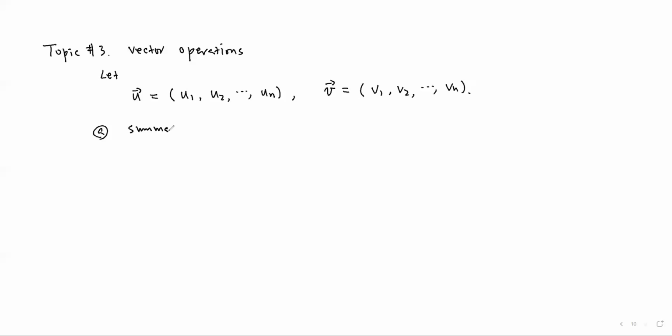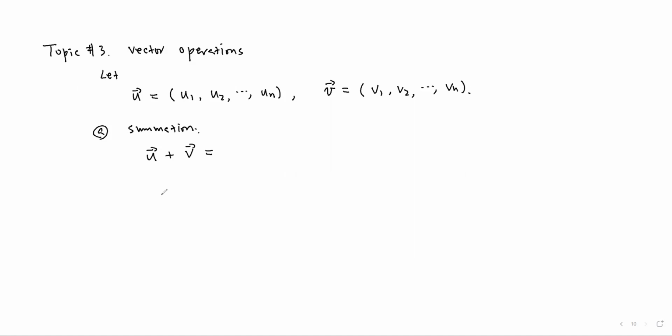Summation. Okay. Vector u plus vector v is a new vector obtained by adding the corresponding entries.